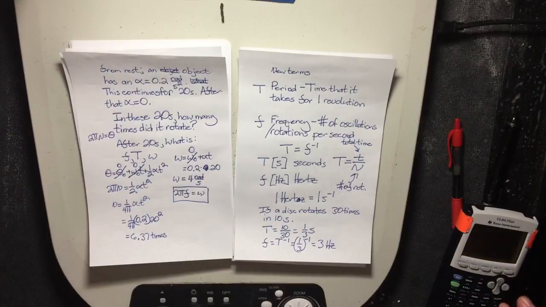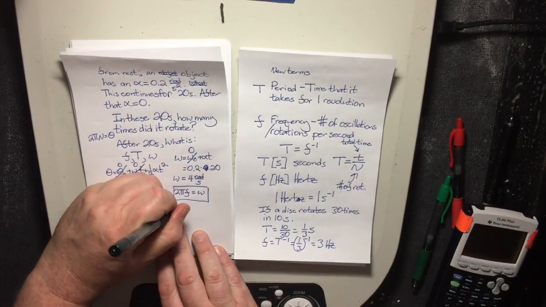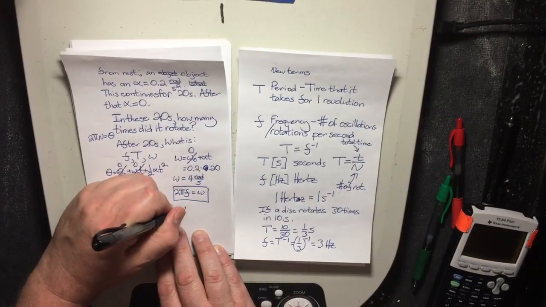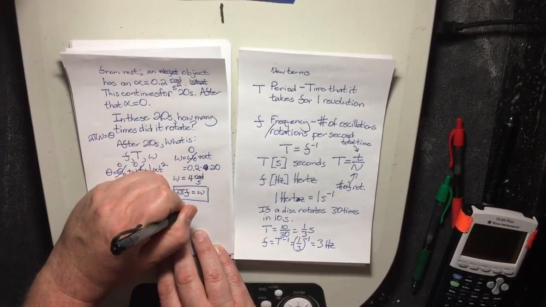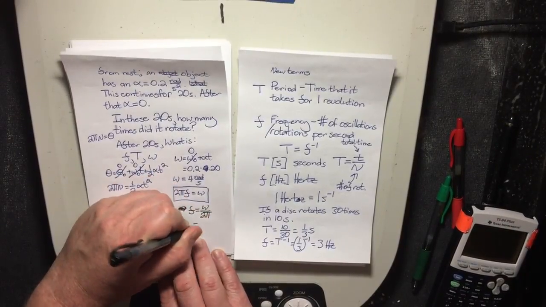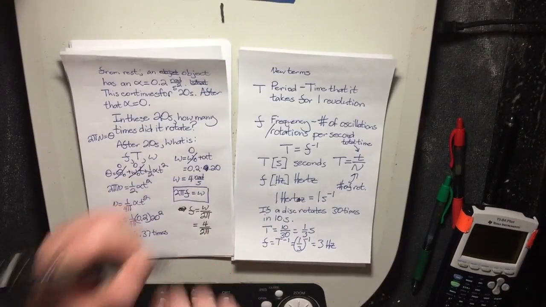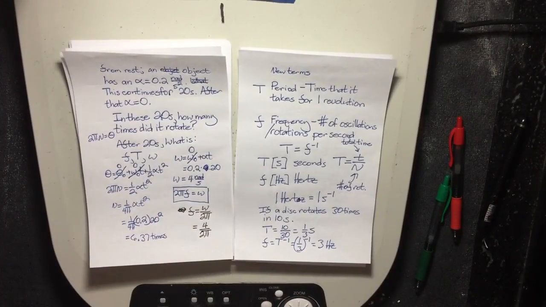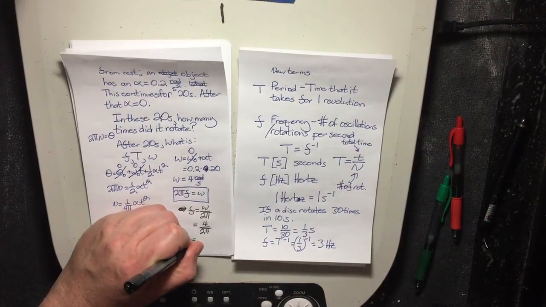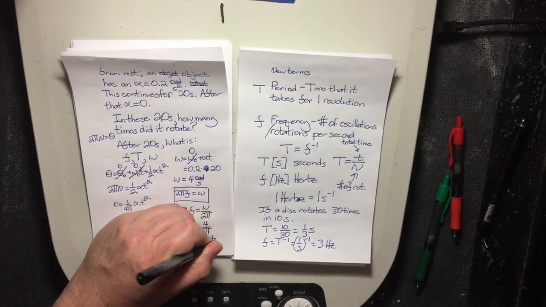Well, in that case, we got omega. Frequency is omega over 2 pi. Omega is 4. So this is 2 divided by pi, and the frequency is 0.64 hertz.